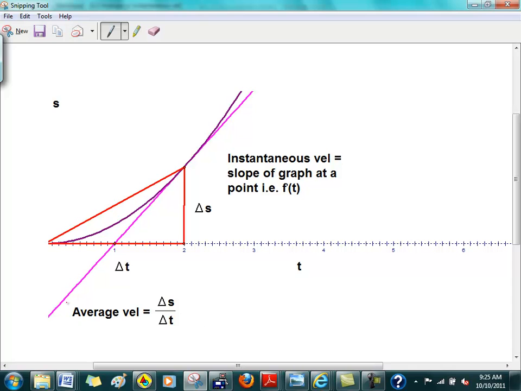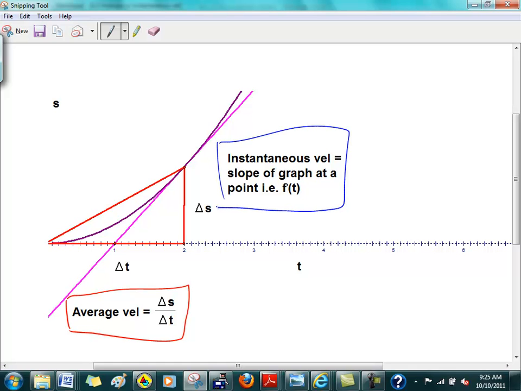There is this formula here, average velocity. And then there's another formula here, which is instantaneous velocity. This thing might not be very obvious to you. It probably doesn't show up clearly there. No, not really. This is really f prime of t.